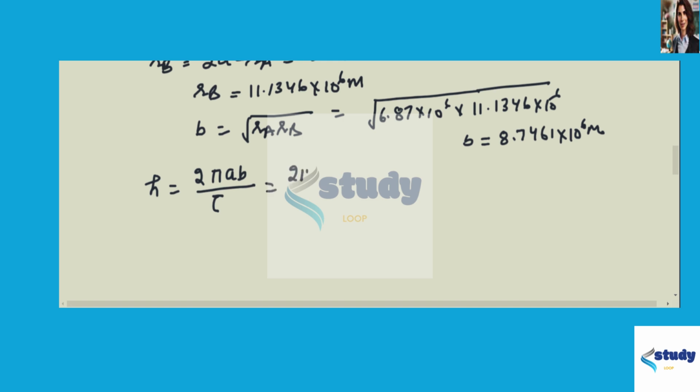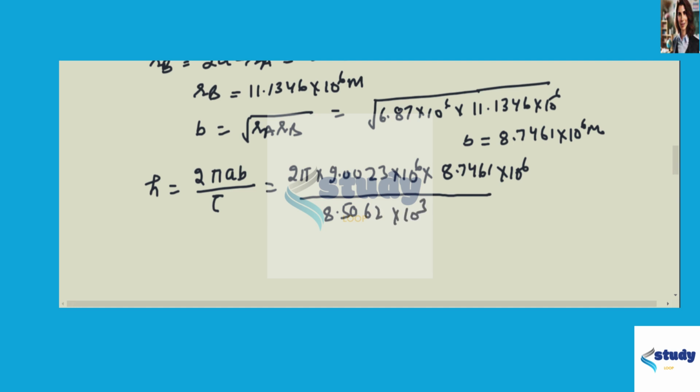Substituting the value, a is measured 9.0023 into 10 to the power 6, b is 8.7461, and the time period is 8.50. So h will be this value per second.